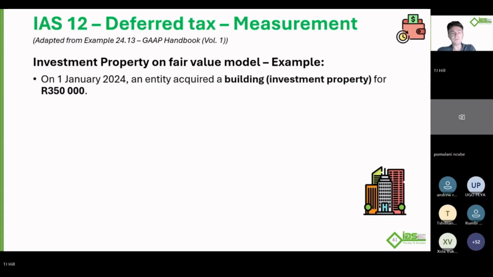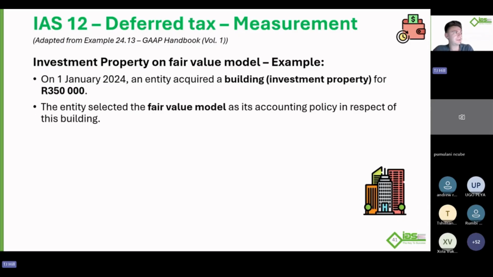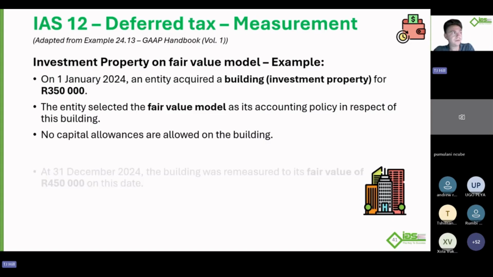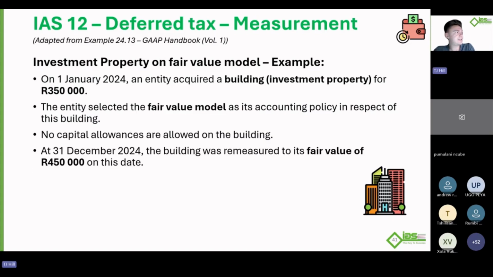Okay, so if I say to you at the beginning of 2024, I got investment property, which is a building, for 350. I've selected the fair value model as my accounting policy in respect of this building. No capital allowances are allowed on the building. I'm telling you to assume that for now. At 31 December 2024, the building was remeasured to its fair value of 450.